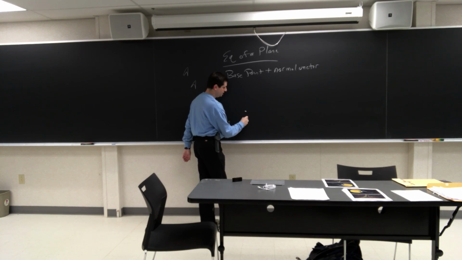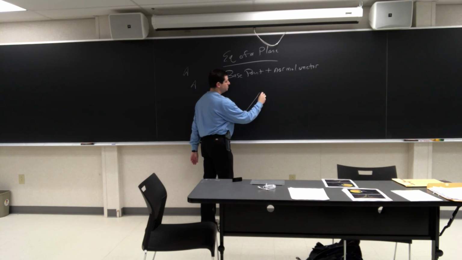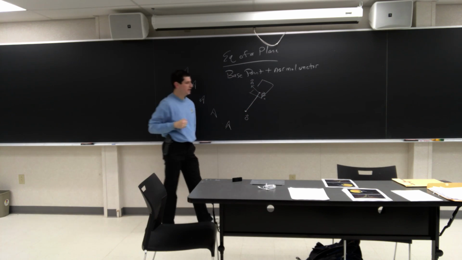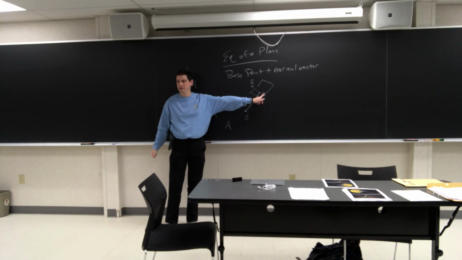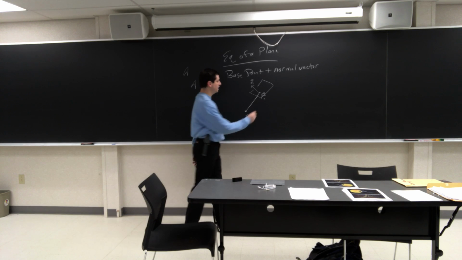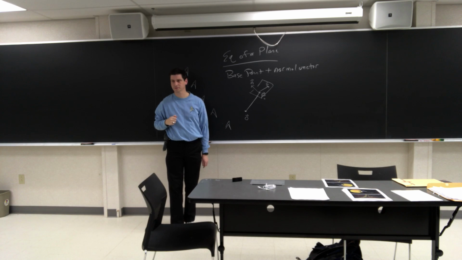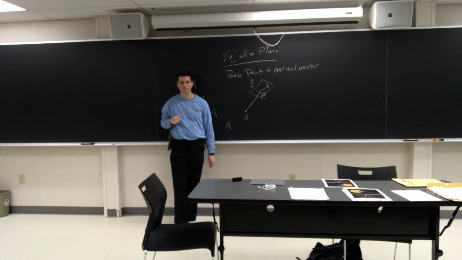So down here, here's the origin. Here's my point P0. Here's the normal direction. And then there's the plane of all vectors perpendicular to this. So a way of looking at that is if I had a vector v in this plane with P as my base point, then it would have to be perpendicular to this.